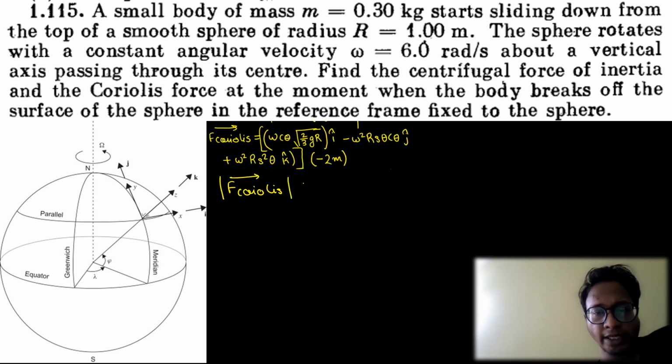F Coriolis is nothing but, see, I'm taking minus 2m common and taking it outside. If we're talking about the magnitude, this minus will get multiplied by all these three values, and the whole square of that minus will become plus. So if I take this minus 2m outside, this minus will disappear. Understood what I'm doing?